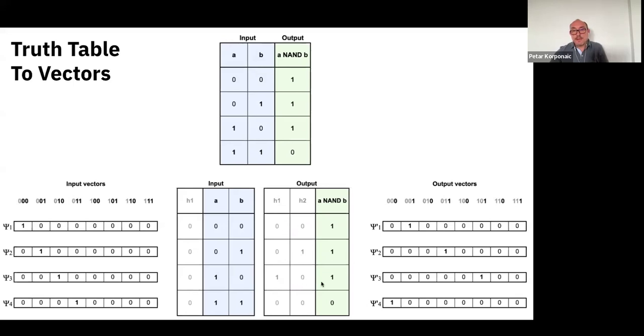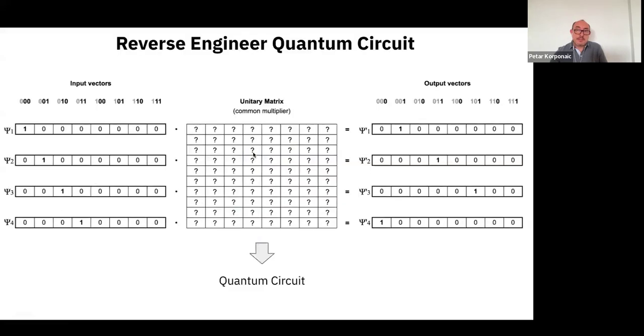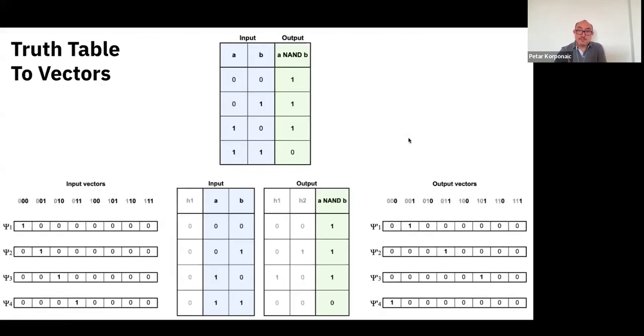And then we encode them into vectors. And now we have 2 sets of vectors. We have input vectors, and for each input vector, we have an output vector for the entire truth table. And now we need to reverse engineer a quantum circuit out of it. So we have input vectors and output vectors, which we got in the previous step.